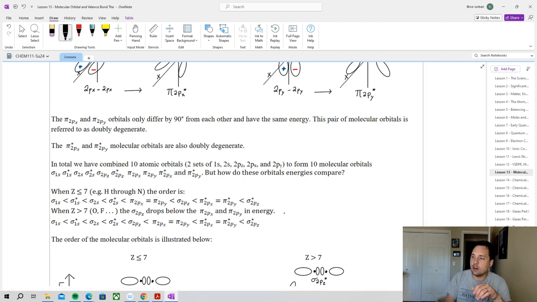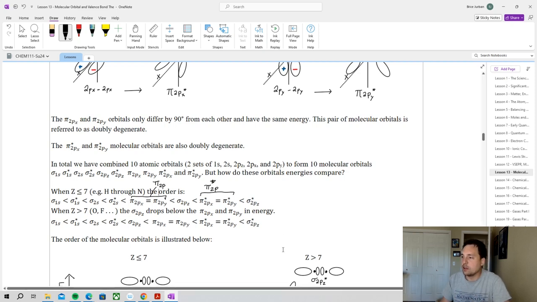And oftentimes we'll group these together. You might just refer to them as the pi 2p star and pi 2p orbitals, just without the x and the y. That's a shorthand. And then we have at the very top the sigma 2pz star orbital, which is the highest in energy.